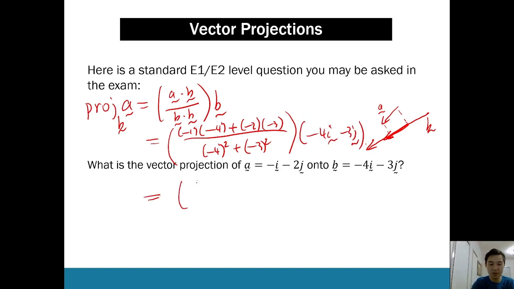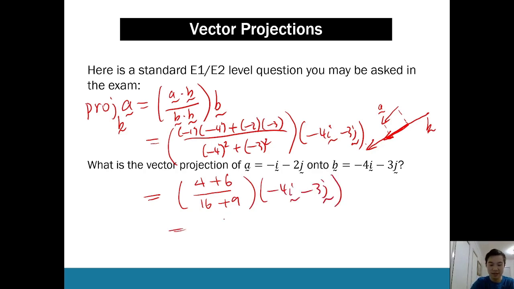This will give us 4 plus 6 over 16 plus 9, times -4i minus 3j.